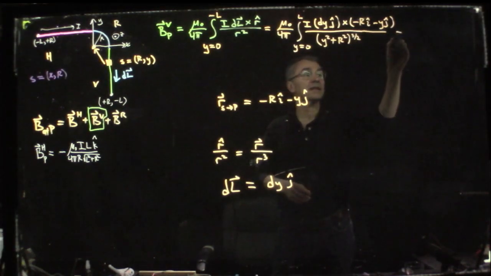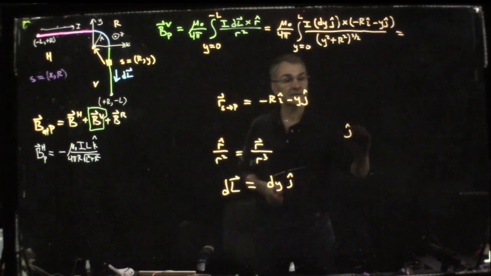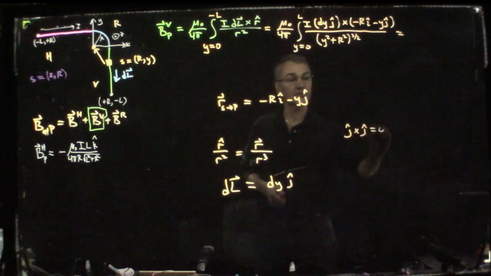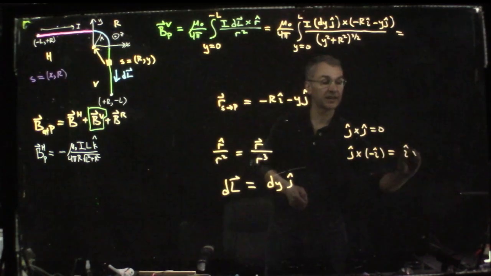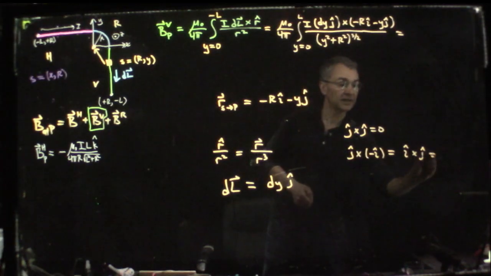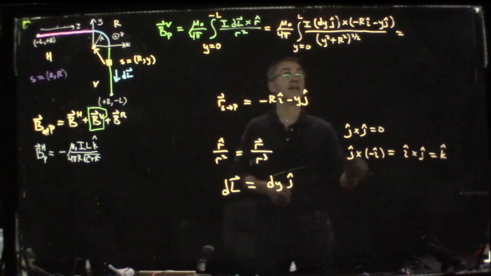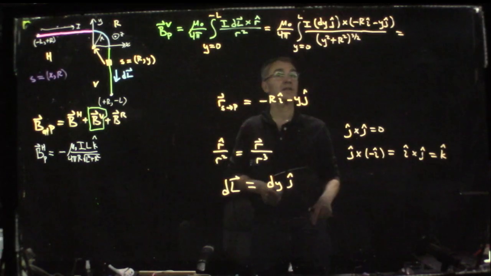Okay, and when we evaluate this, j hat cross j hat is 0, and j hat cross minus i hat is the same thing actually as i hat cross j hat, because swapping them reverses the sign. i hat cross j hat is k hat. So if I include the minus sign here, then I get k hat.